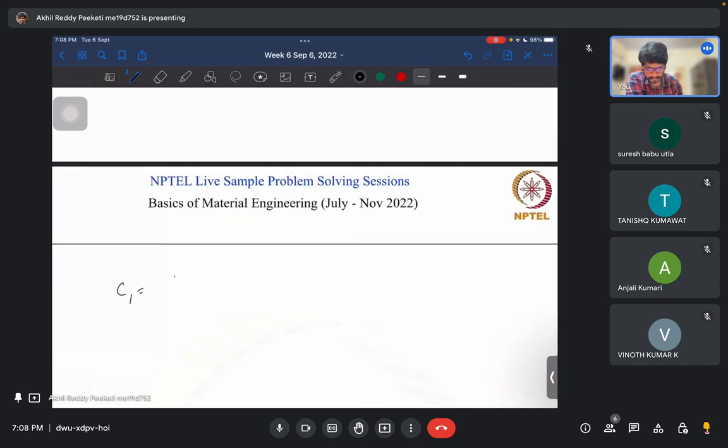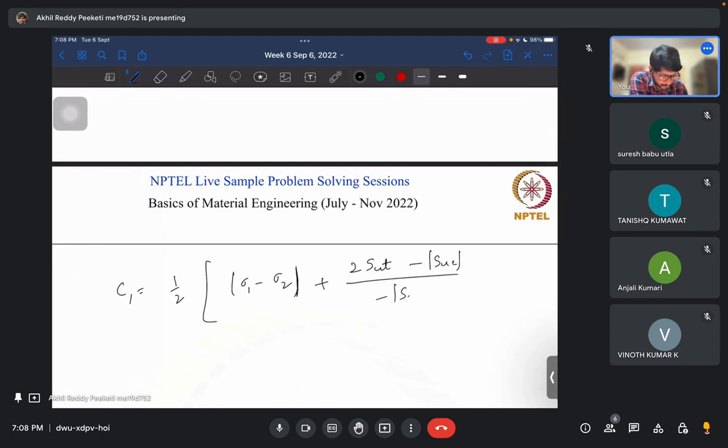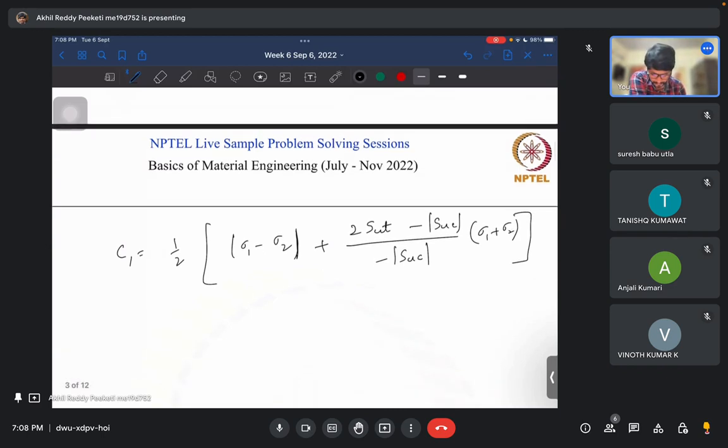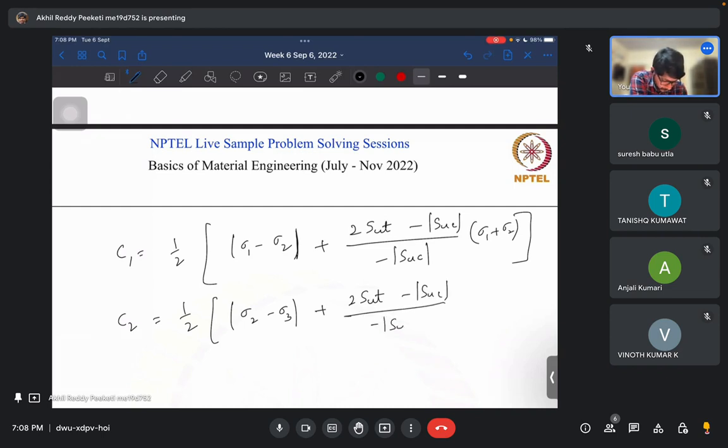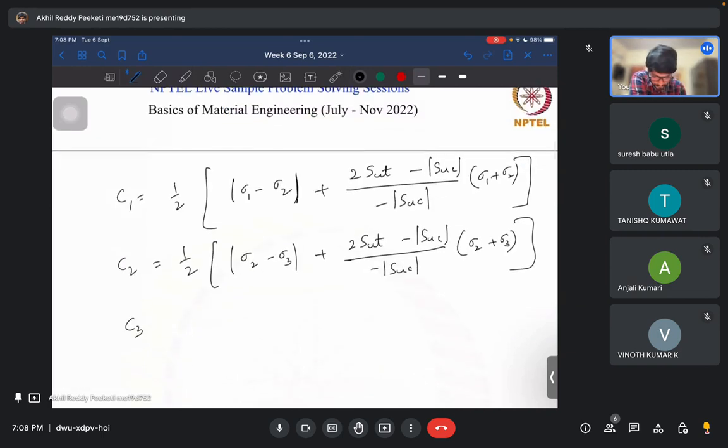C1 is half into the absolute value of sigma 1 minus sigma 2, plus 2 into SUT minus SUC, into sigma 1 plus sigma 2. So this is C1. Similarly, C2 would be, and C3 would be, okay.